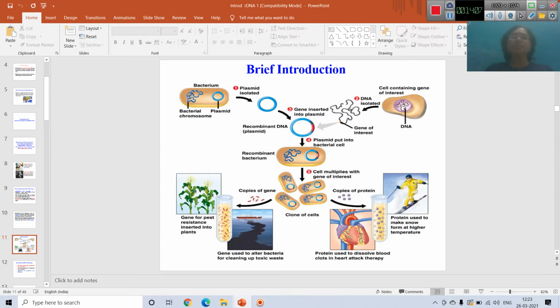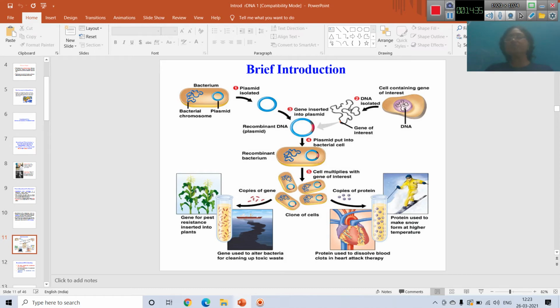Now these copies of genes can be extracted out. When you lyse these bacterial cells and take out the plasmid by a plasmid isolation technique, the alkaline lysis method, then you can get your gene of interest in this way. Or you can allow this plasmid DNA to undergo transcription and translation.